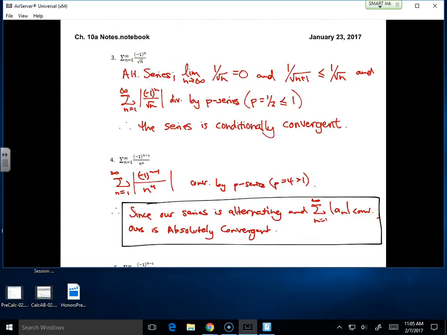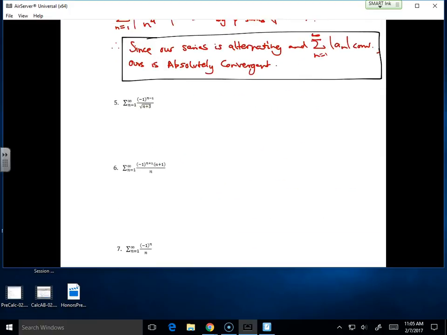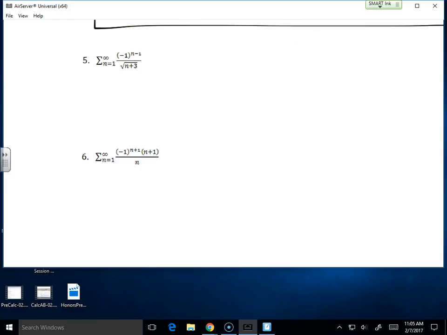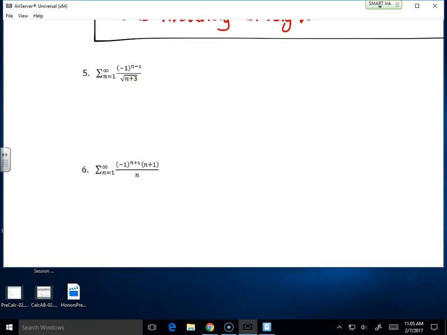Number 4, you guys were looking at yesterday. What did you guys see for that one? Oh, we already did that one. Absolutely convergent. Number 5, what did you guys do? Conditionally convergent. Would you want us to see the steps?